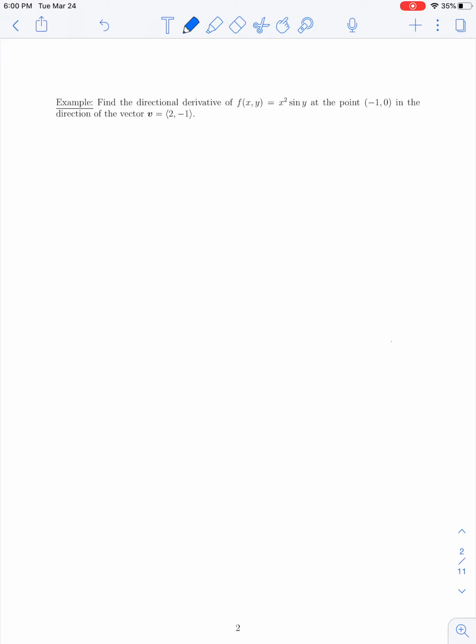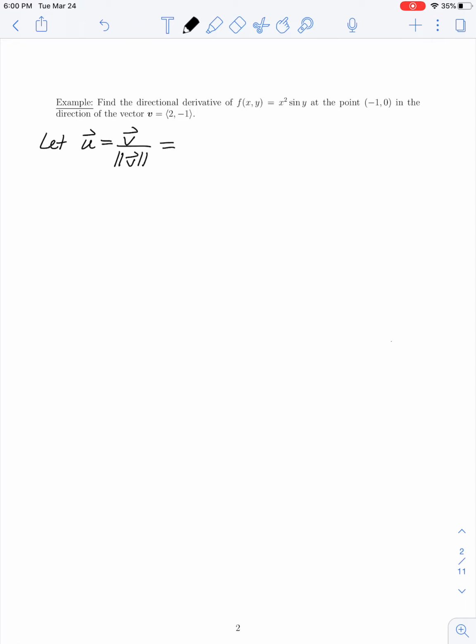Here we are asked for the directional derivative of x squared sine y at the point -1, 0 in the direction of the vector v given by 2, -1. So here we can see pretty quickly that this vector v is not a unit vector. So our first step in this problem is going to be to find a unit vector which points in the direction of v.